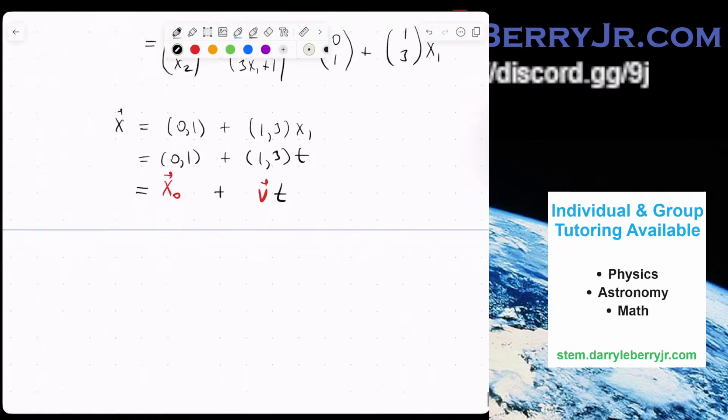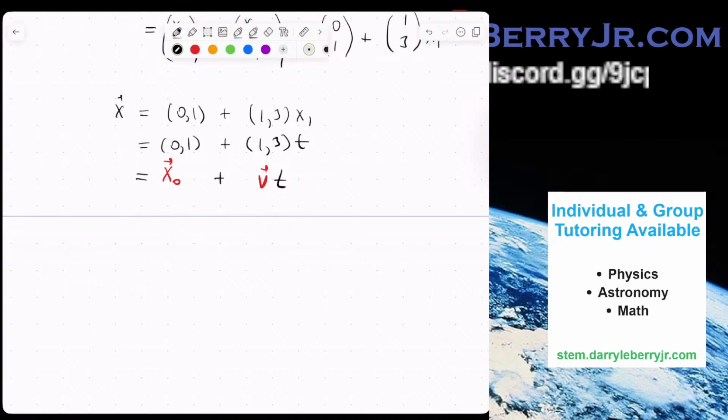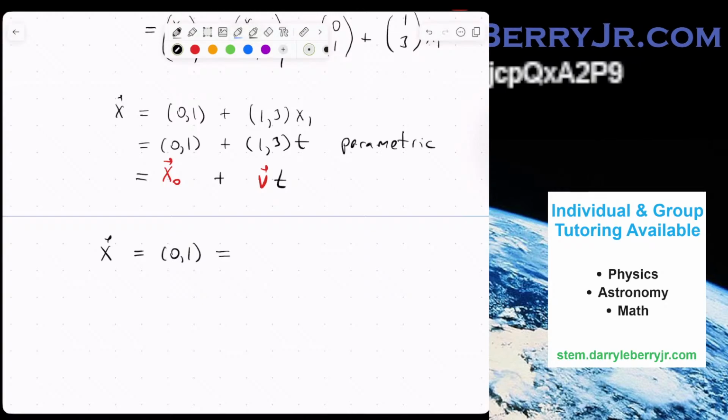So let's take this in reverse. And we can say x equals 0, 1. And this is the parametric, by the way. So now we're starting with a parametric of a line. And I'm going to call that x2 randomly, because I see that it's in R2, since I only have two components here.